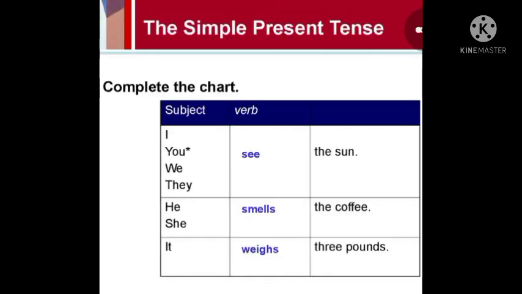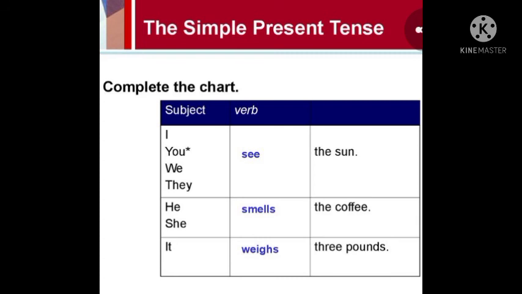Now students, here is a chart of simple present tense. Learn this chart. If we have subject I, you, we, they, then we use the first form of verb, that is see here. We can use any other verb like play, watch, look, eat, run, any verb.